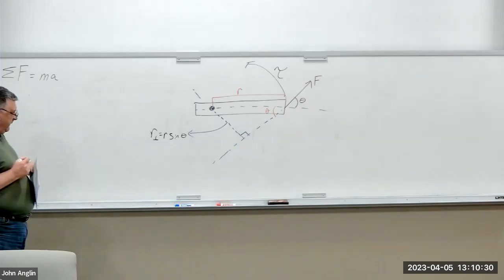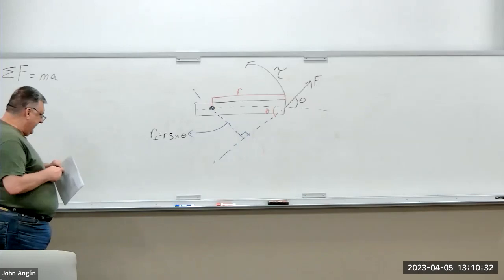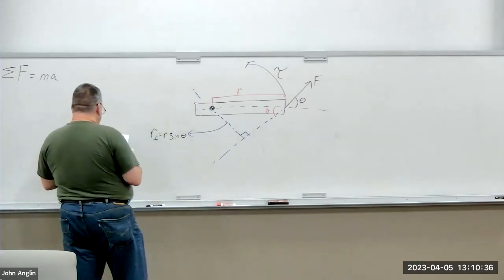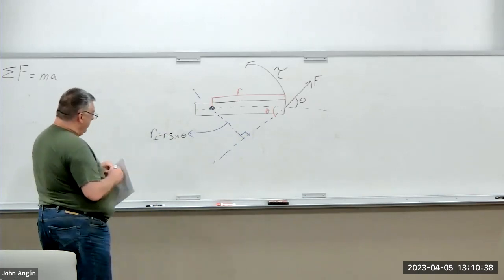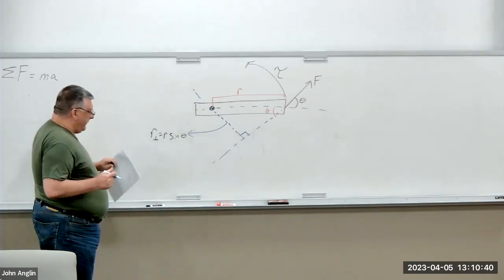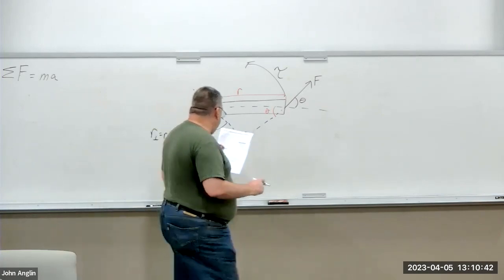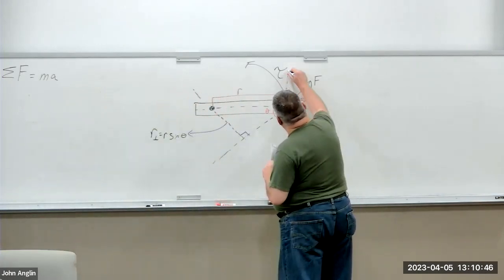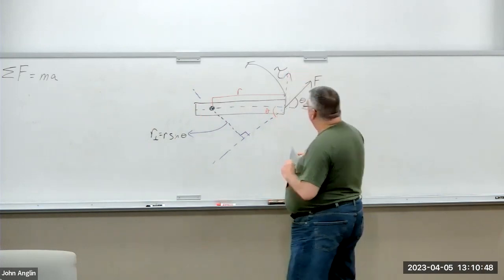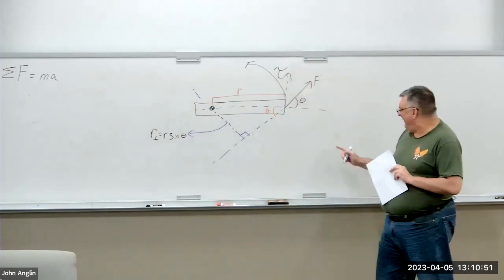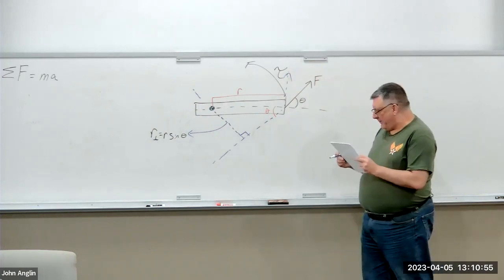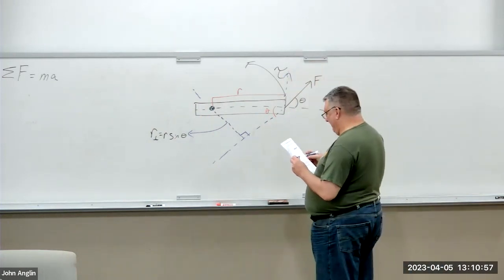Well, if that's our R sine theta, and it's based on our force, then that means that we must have a component of that force that acts this way, right? Because we split this. So that's our component of the force acting that way.